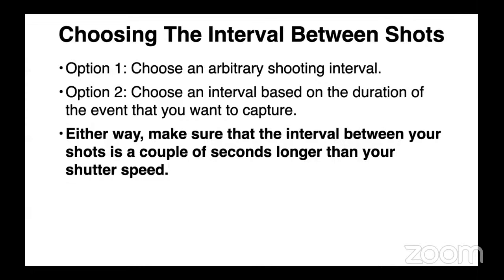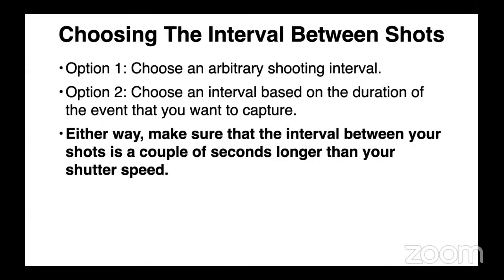Or you could pick an interval based on how long you're willing to stand out there in the field. No matter which method you pick, the math-based one or the arbitrary one, the thing we need to make sure is that our interval is longer than our shutter speed. Let me just explain here.